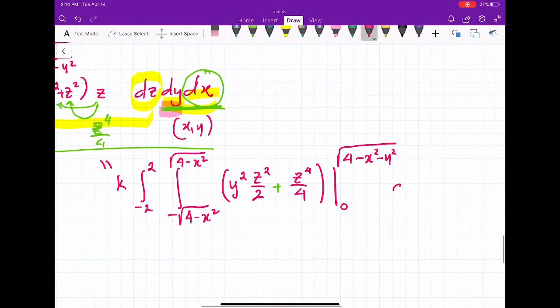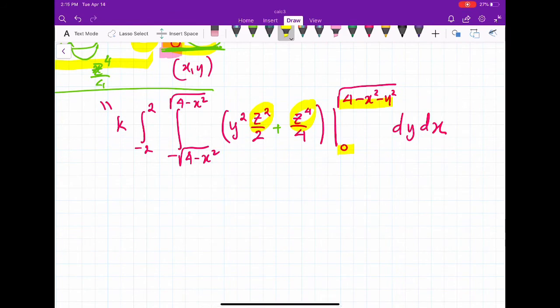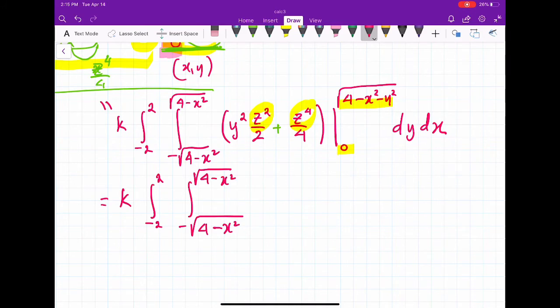In here you have dy dx, and you plug this value and 0 into the function in the position of z. You have the following: equal to k integral from negative 2 to 2, from negative square root of 4 minus x squared to square root of 4 minus x squared. At 0, the function is 0.